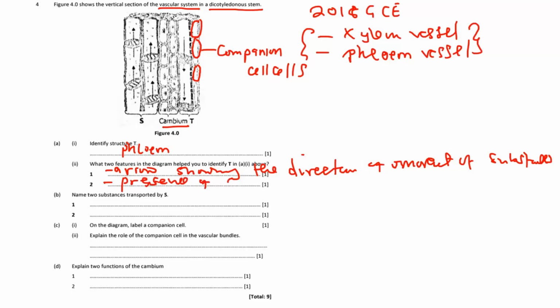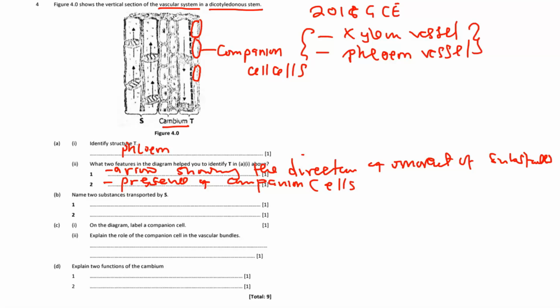Presence of companion cells. Only phloem has companion cells. Okay? Companion cells. And of course, in the way we are coming from, I'm sure we are going to find again the other question concerning companion cells, as we are going to see.